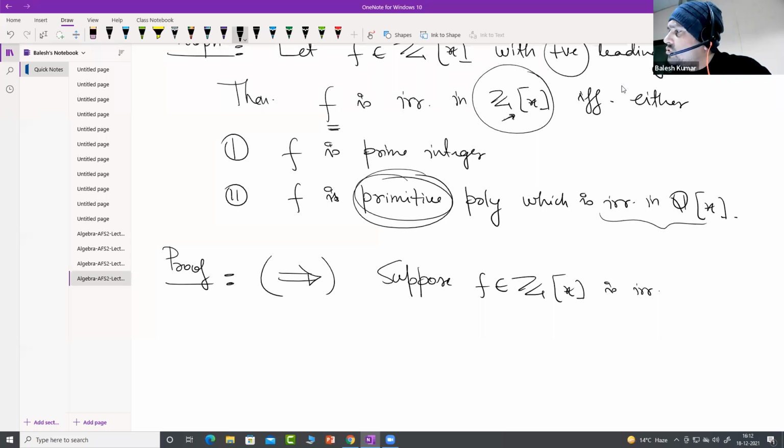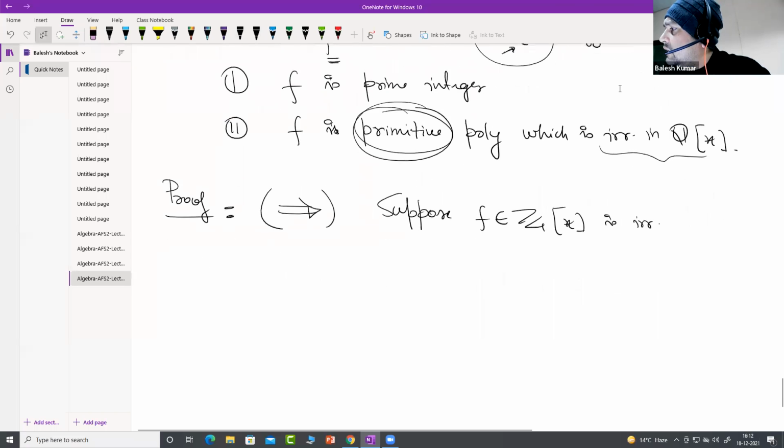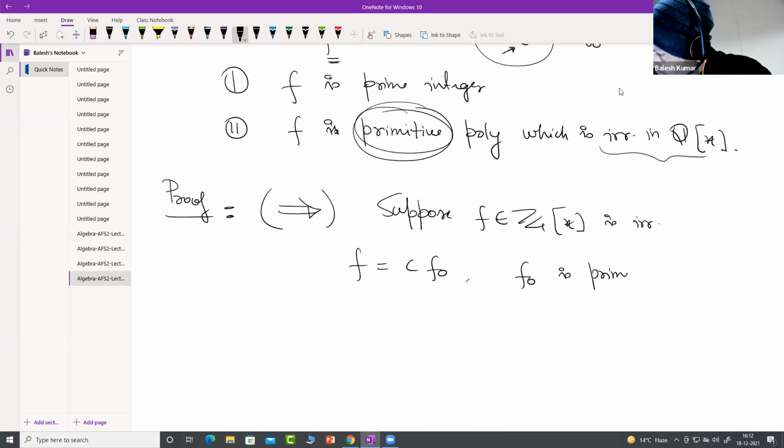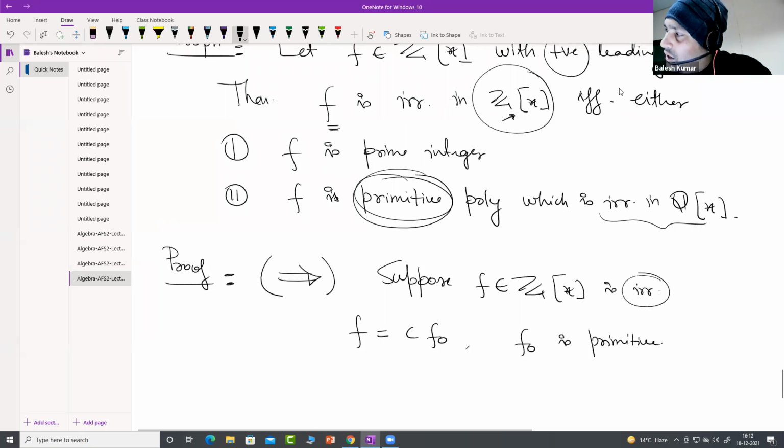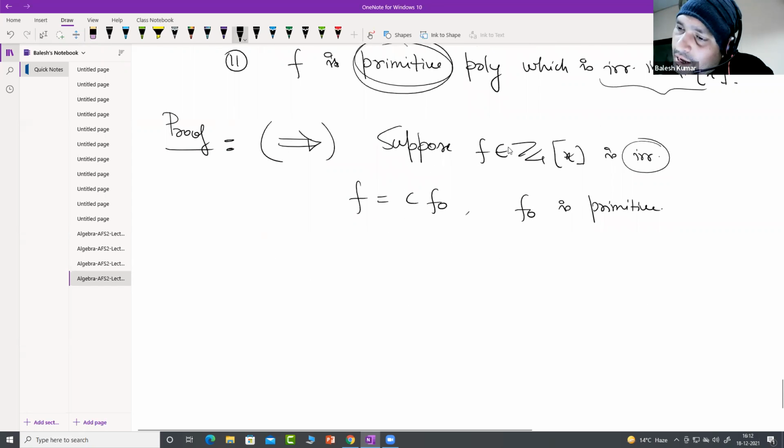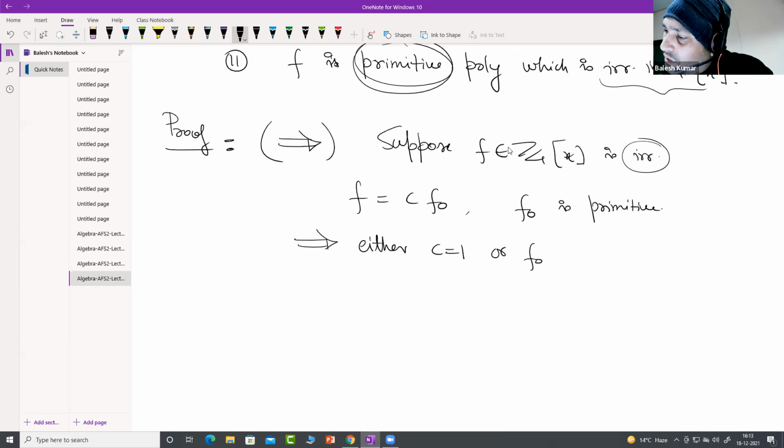So we can write f as some constant c times f0, by the above lemma. Here f0 is of course primitive. Now we are given that f is irreducible, so f cannot have non-trivial proper factors. So this implies that either c is equal to 1 or f0 is equal to 1.